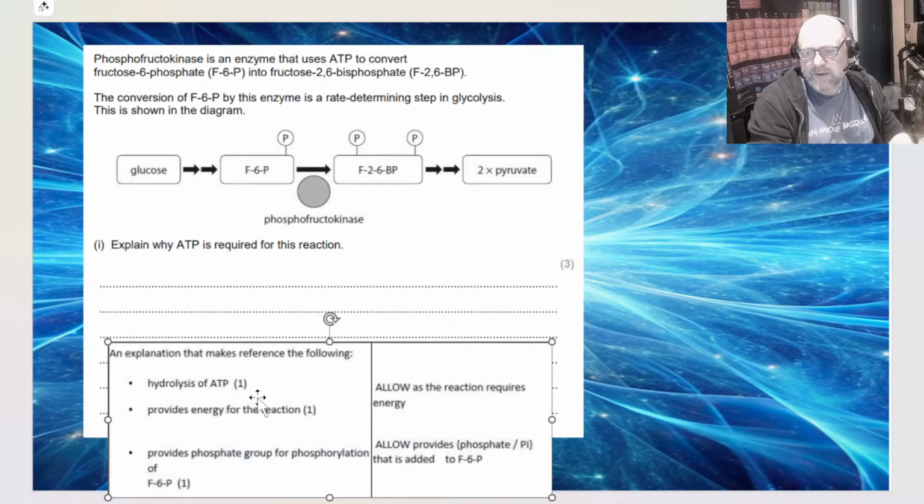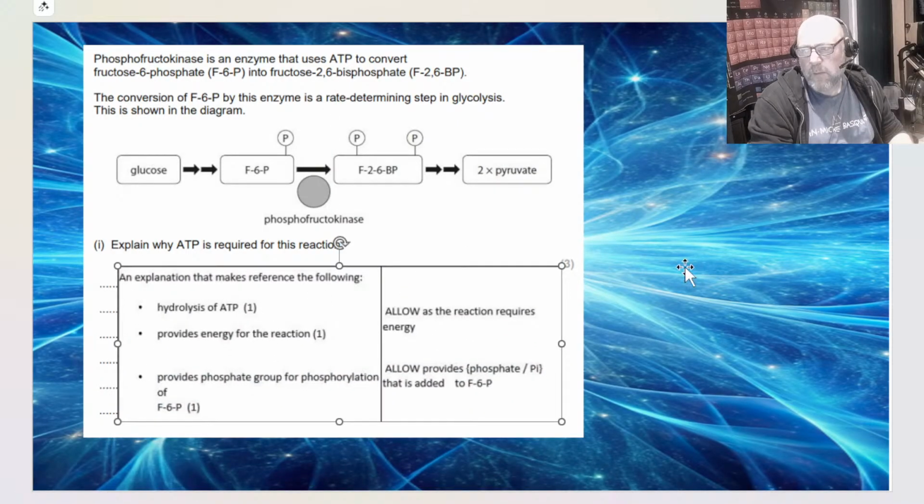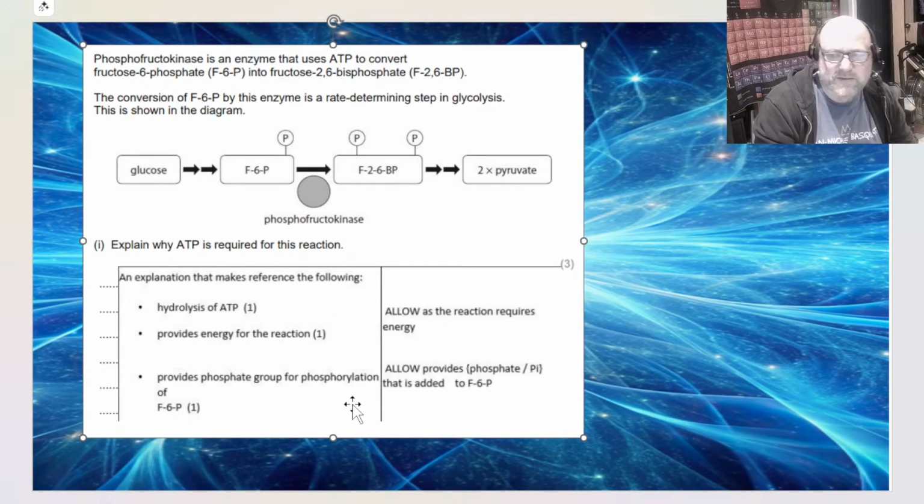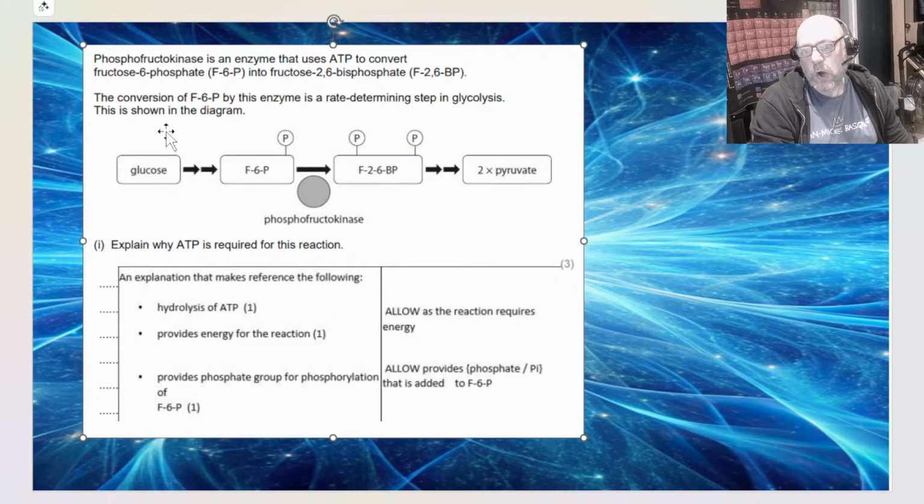So the idea is we want to break the ATP to provide energy to phosphorylate the glucose. It provides the phosphate group for phosphorylation of the glucose, or for F6P. So we need a phosphate to phosphorylate F6P. You can see it there actually. The P joins to the F6P and becomes, we can't say phosphorylate the glucose.